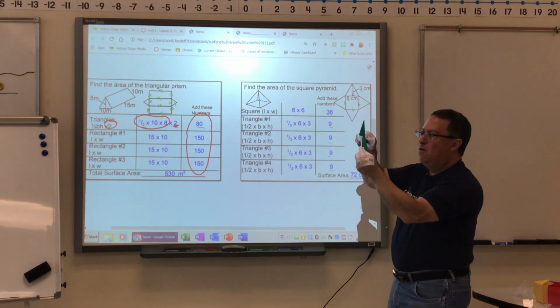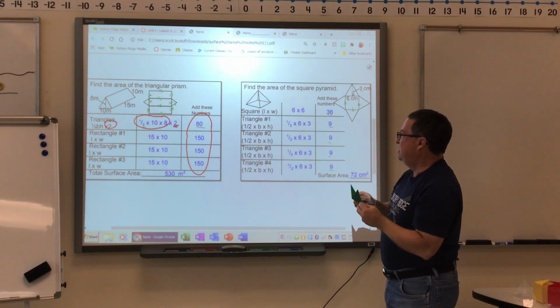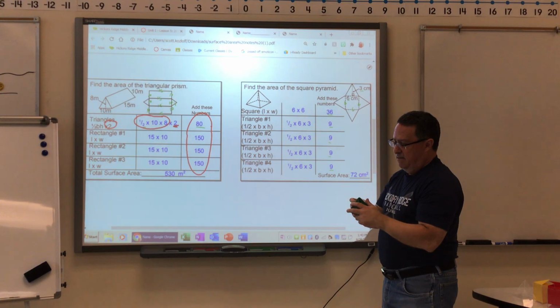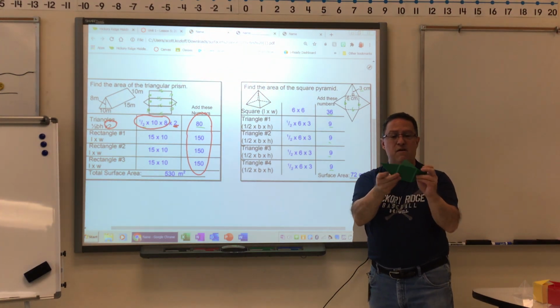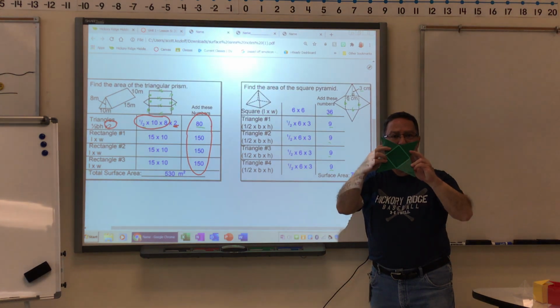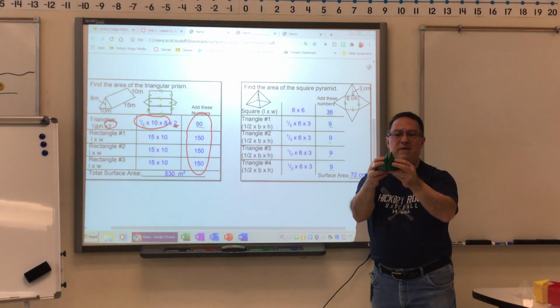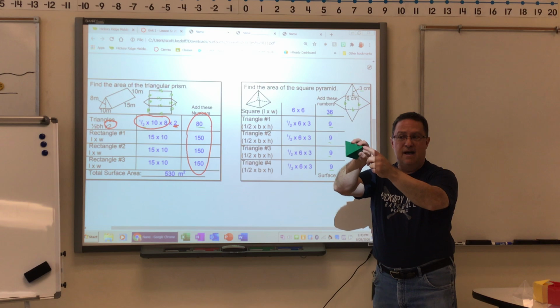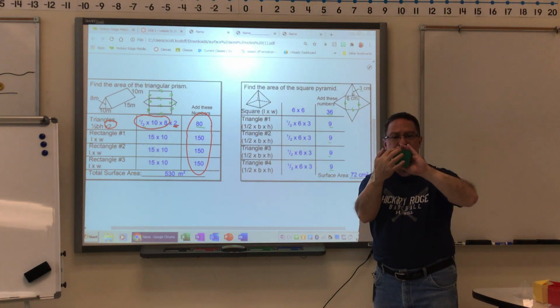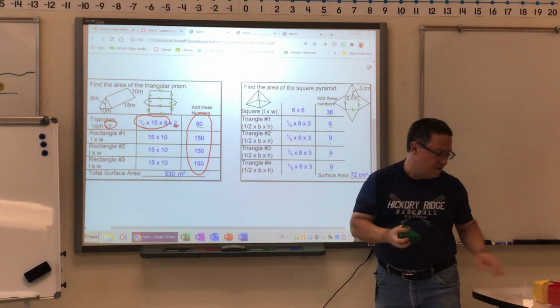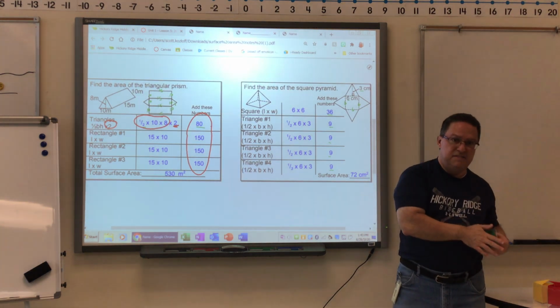Okay? So, if by chance that is a squared pyramid, a square has all sides that are equal, so every one of these triangles has to be equal because they all meet at a point at the top. So if this is a square and every side is the same, then all 4 of these triangles must be the same.